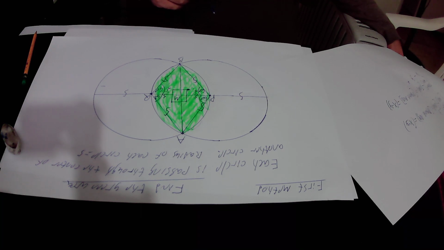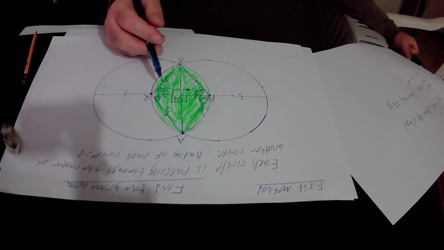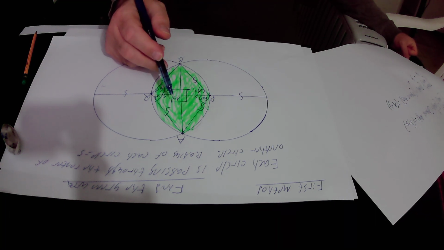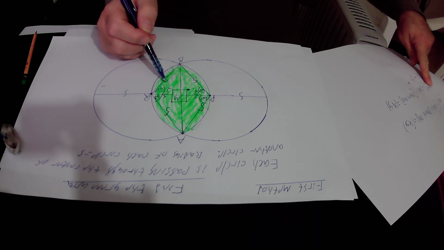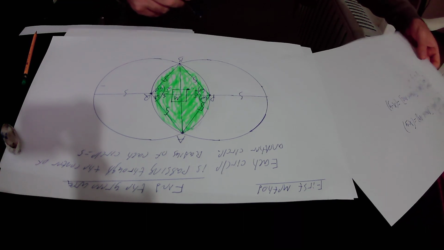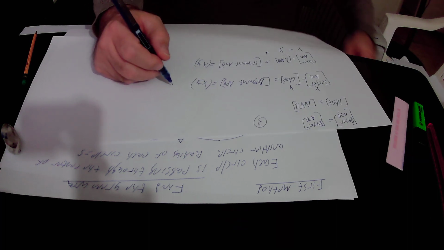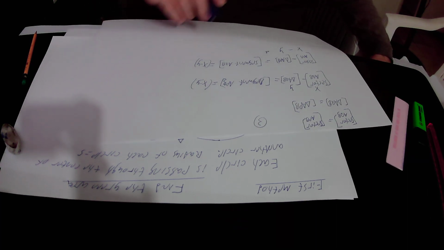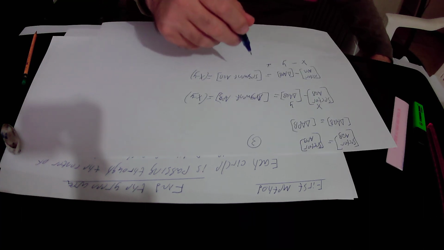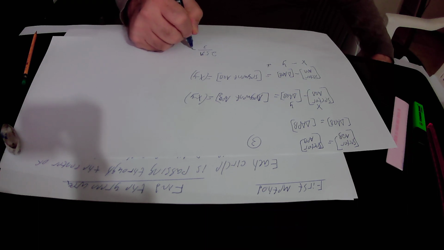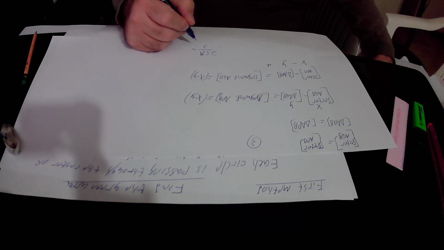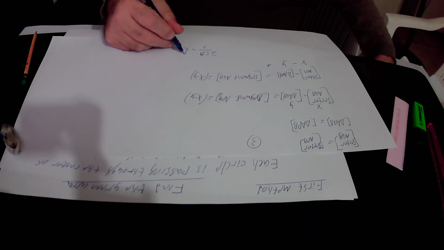So the area of sector AQB is actually 25 pi over 3 square units, minus the area of triangle AQB.